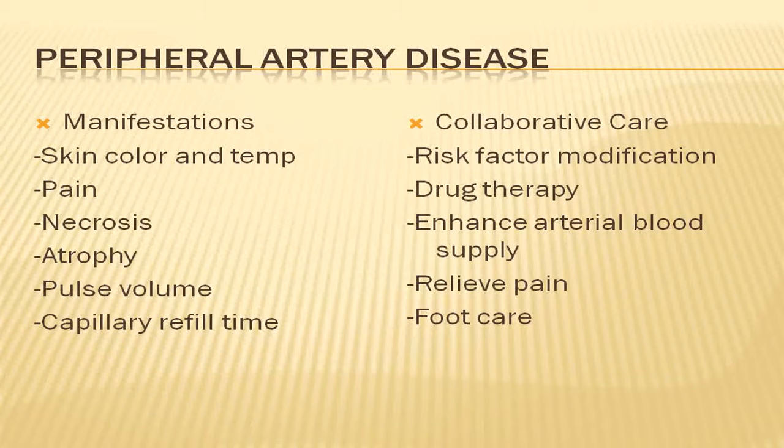Also, when we apply pressure over that extremity, blanching occurs when the part is elevated above the level of the heart. But when it's lower than the level of the heart, blanching does not occur.